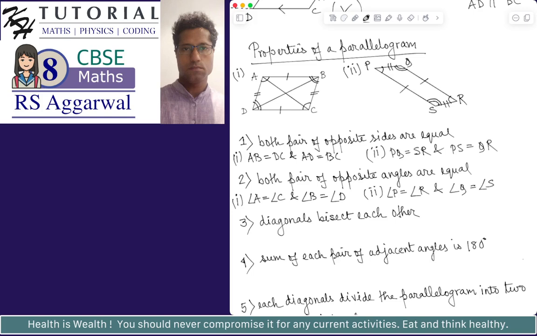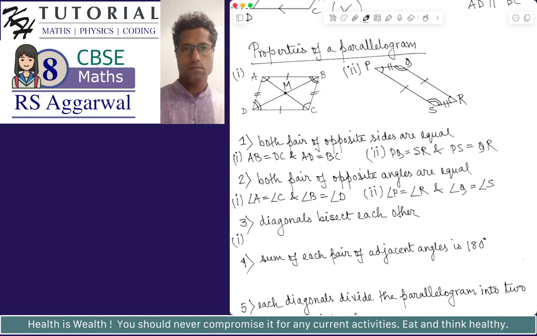diagonal. Now let's show they are intersecting at a point, let's say M. So what it means that diagonals bisect each other is that the diagonal AC is being bisected at the point M. So for figure 1, the diagonal AC has been bisected at the point M, which means that M is the midpoint of both the diagonals.